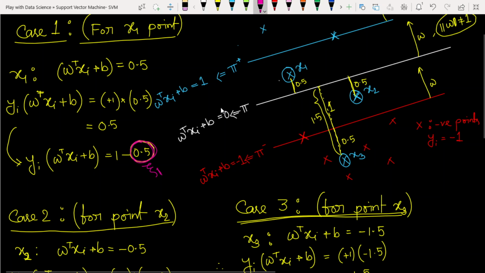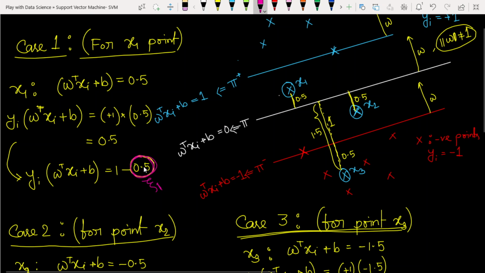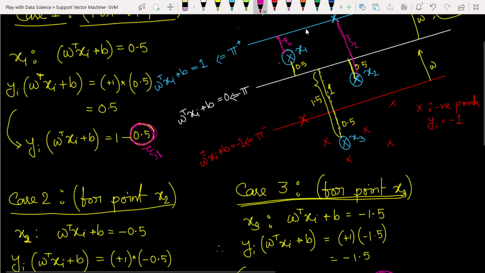I am comparing this zeta 1 to this distance, this plane to this point, then zeta 2, and then this point to this.